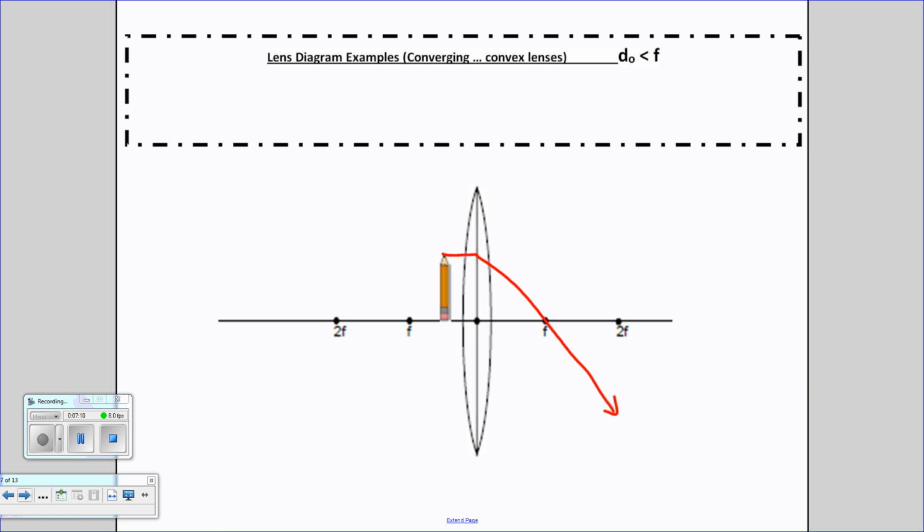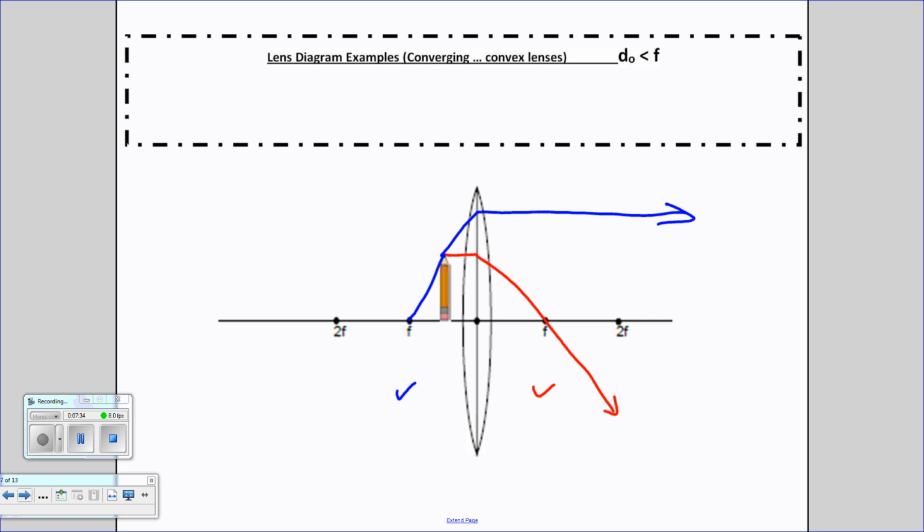All right, line 2, in through focal. Now, I've already dealt with this focal point, so I'm not going to deal with him again. I'm going to look at this one. So if I can't go from my object to the focal, I'm going to go from the focal to the object, keep going until I hit the lens, and then out parallel. So in focal, out parallel.